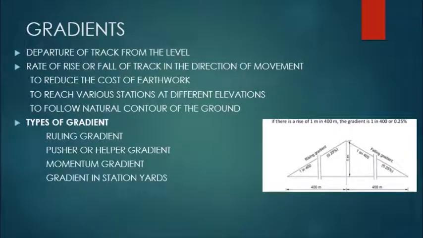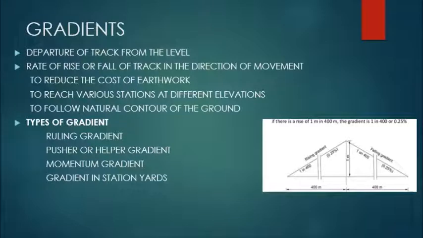Gradients. Any departure of the track from the level can be called a grade or gradient. A gradient or grade can be an up or rising gradient, or a down or falling gradient.